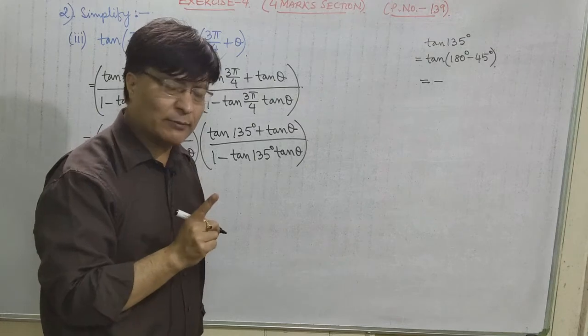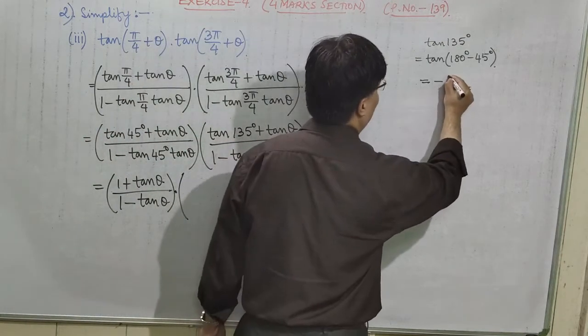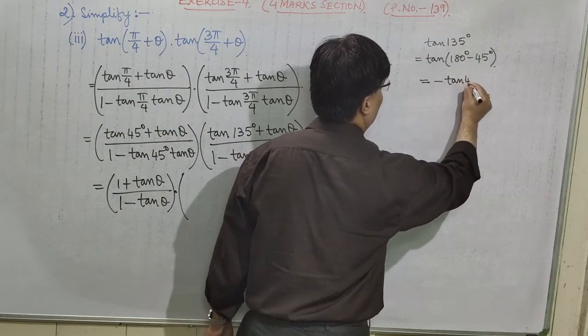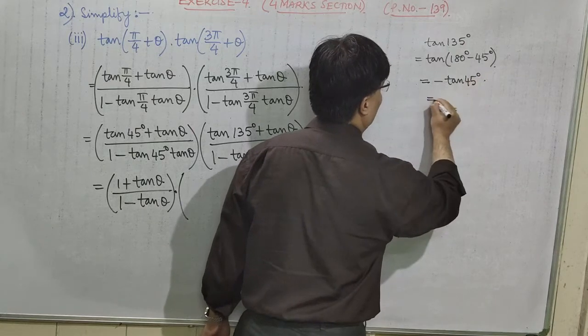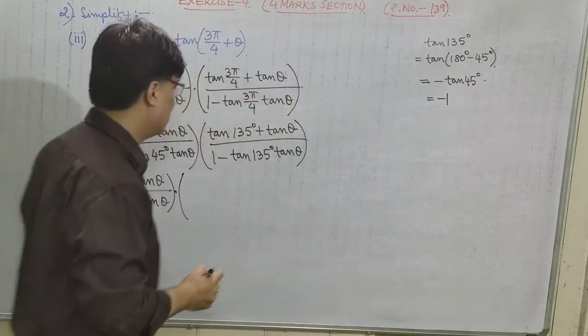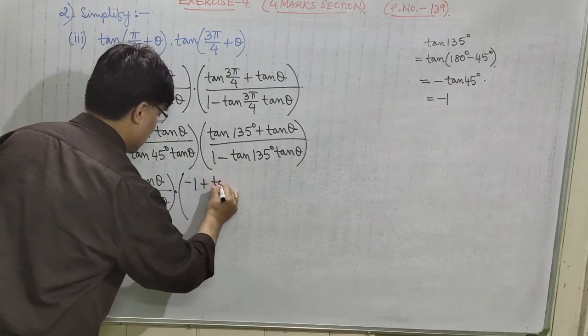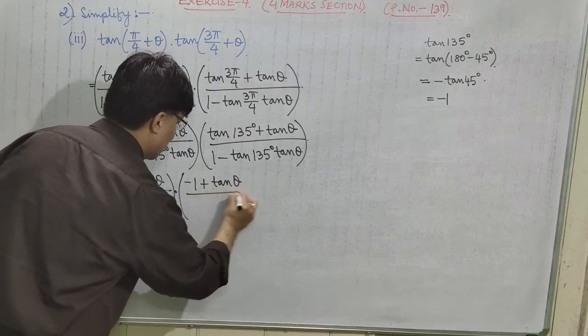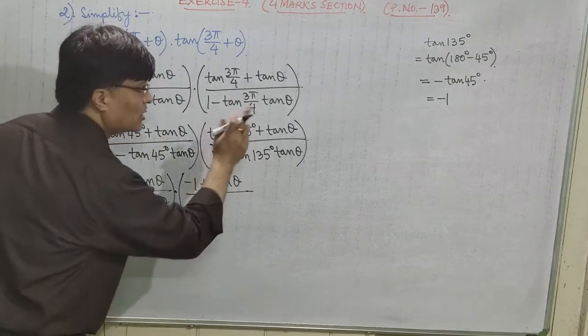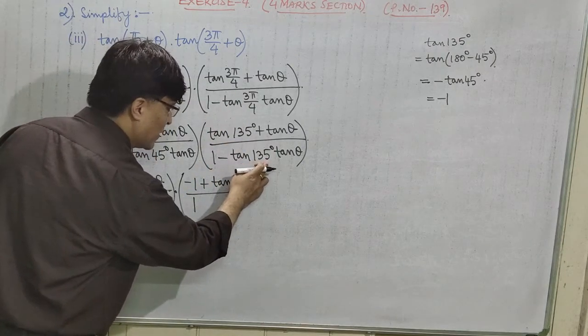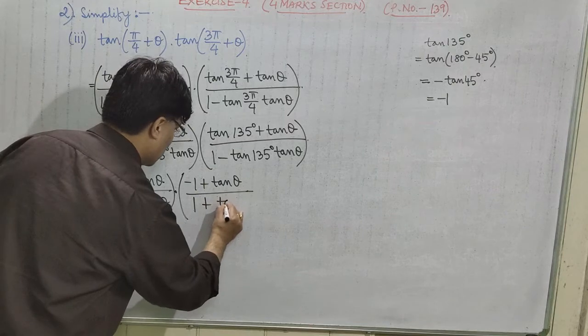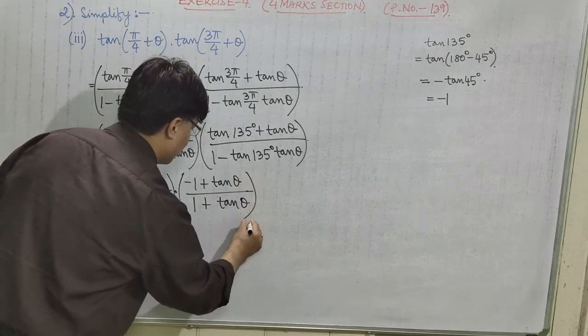If it is an even multiple of 90, tan remains the same, so that is minus tan 45 degree, which is equal to minus 1. So here tan 135 degree is minus 1, plus tan theta, divided by 1, since tan 135 degree is minus 1, minus 1 minus plus, so this is your tan theta.